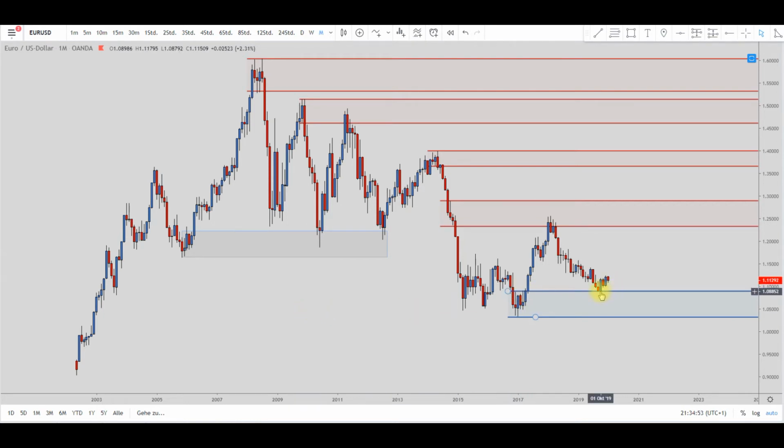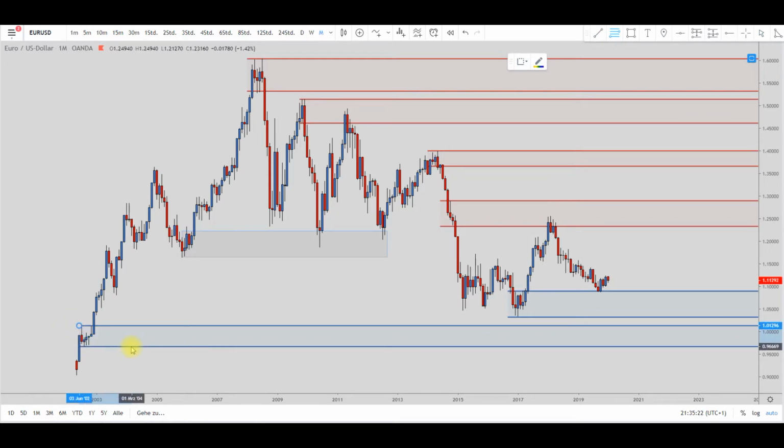So we actually did test this demand at the end of last year. We haven't moved away very strongly. It's kind of corrective, which leads to the assumption that we might penetrate a bit further into this level. We'll see. Oh, I forgot to mark this one. This is monthly demand.